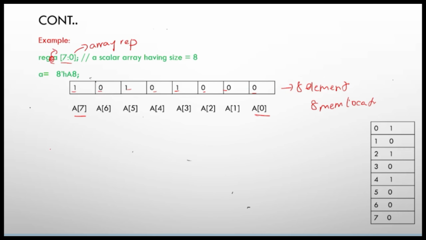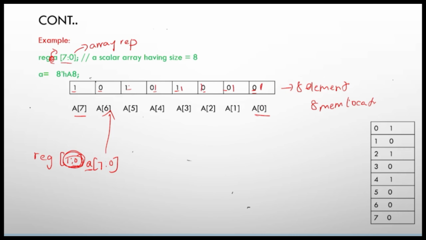For the same example, if I give it as 1 down to 0, a7 down to 0, now what happens? It is having 8 elements where each element can hold 2 bits, because a is having a width of 2, so every element can hold 2 bits, like 1 1, 0 1, 1 0, 1 1.